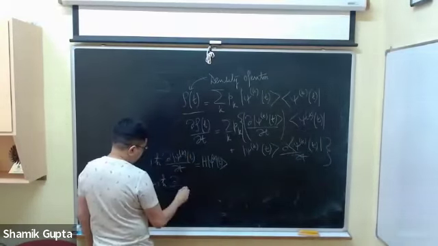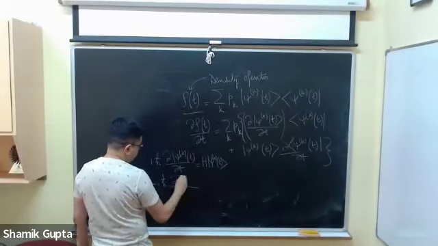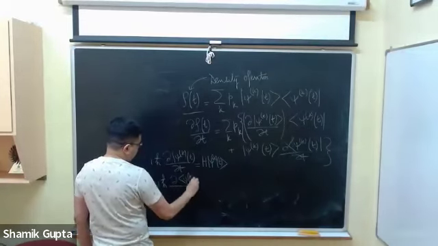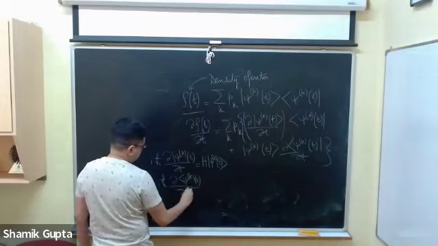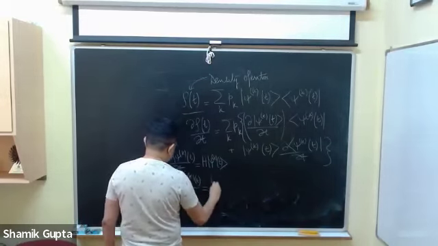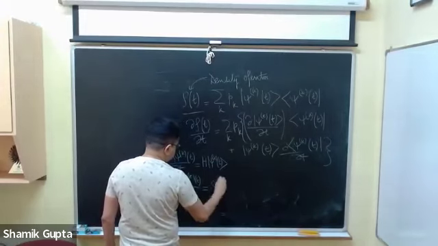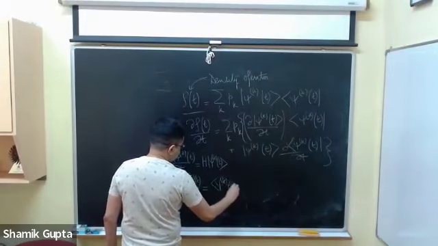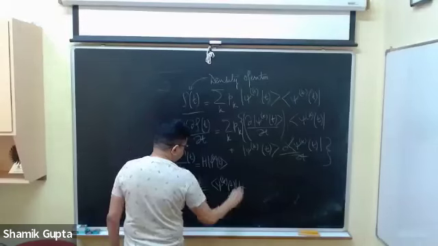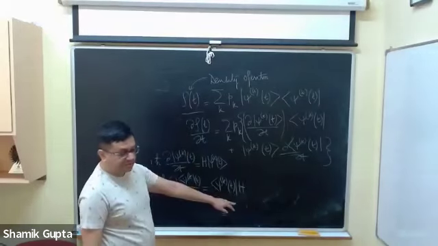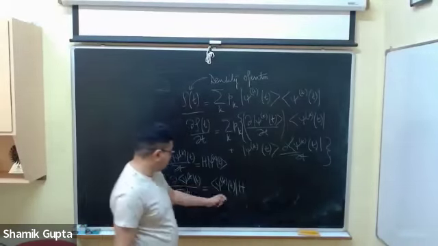Therefore, if I take the conjugate of this one, I get this equation. H is Hermitian, so nothing changes.